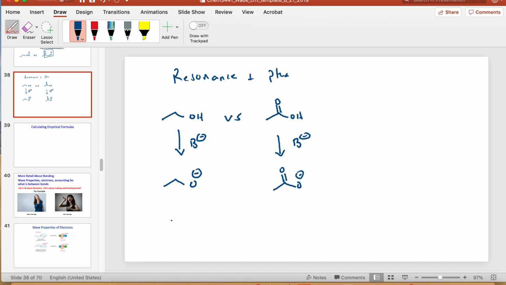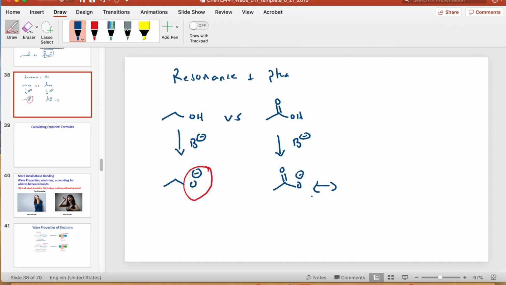So if I look at this guy over here on this side, what I see is that all of the negative charge that is here, of course, it's on an electronegative atom, oxygen, but it's all situated right there. Right? This one on the other side, though, notice that I have a negative charge here, but I have a pi system that's right here. So here I have the ability to do some resonance.